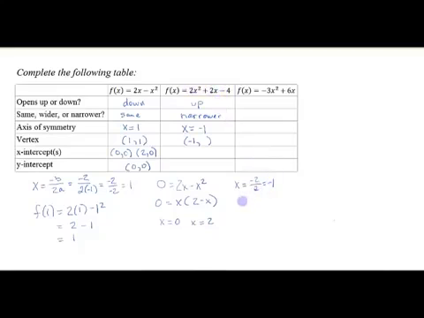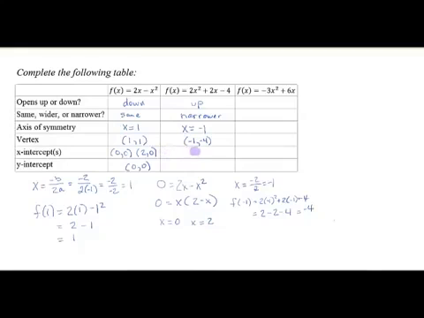So I have f of negative 1 is 2 times negative 1 squared plus 2 times negative 1 minus 4. That gives me negative 1 squared is 1 times 2 is 2, minus 2, minus 4. So I have a negative 4. So negative 1, negative 4 is the vertex.